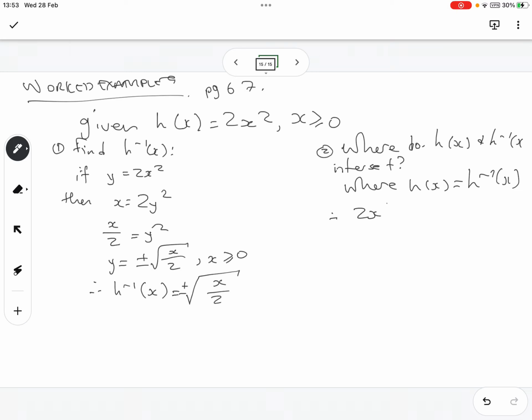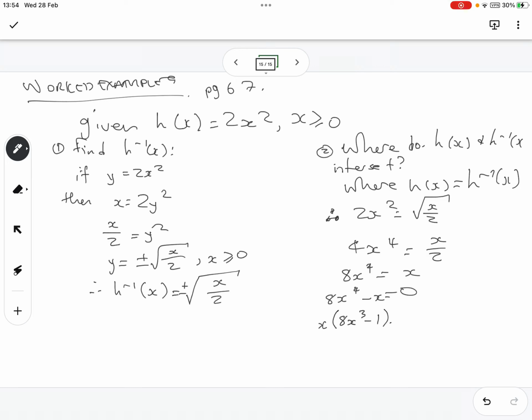So 2x squared will equal root x over 2. If we square both sides, we get 4x to the power 4 equals x over 2. 8x to the 4 equals x. 8x to the power 4 minus x equals 0.